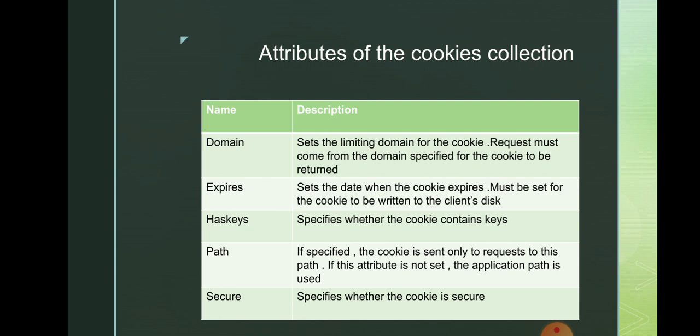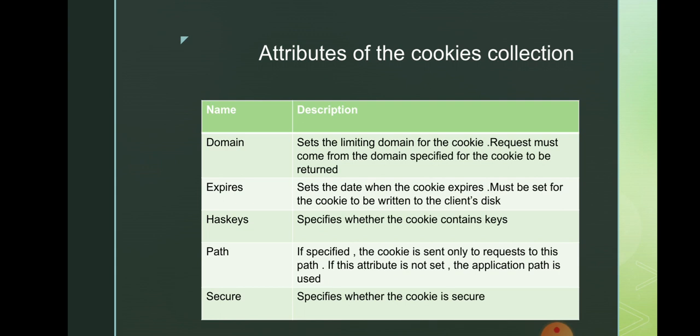Domain means set some limitations. It may be an education domain, an organization domain, a business domain, an academic domain, a military or defense domain. Domain means .com, .edu, .ac, .mil. These are some domains. It helps to set the limiting domain for the cookies.